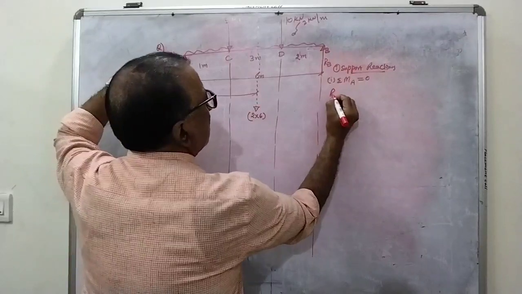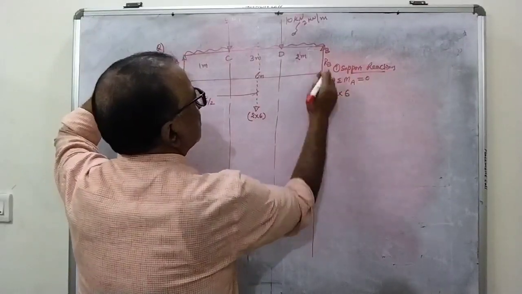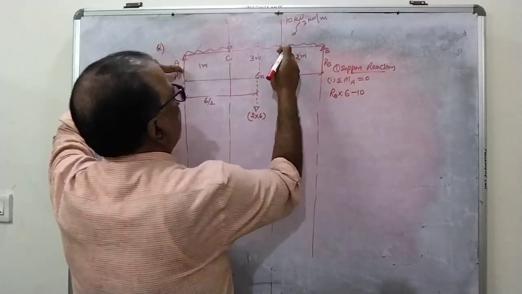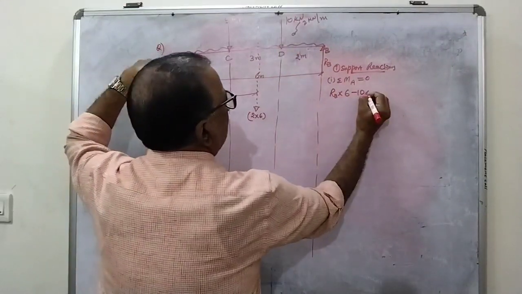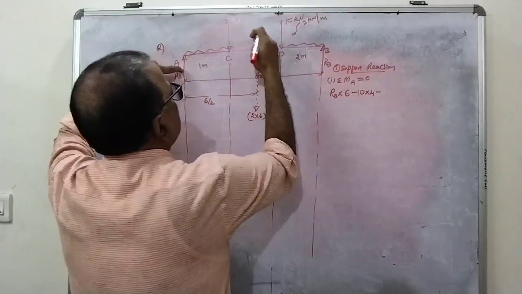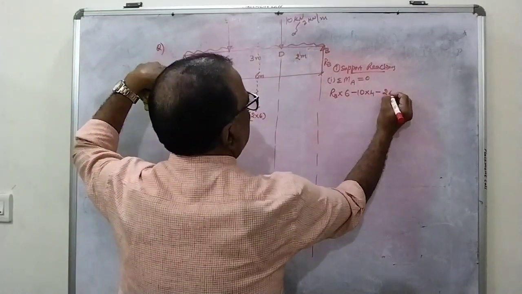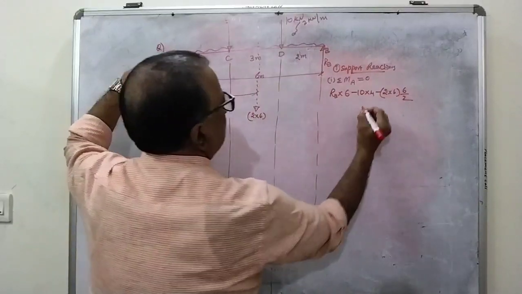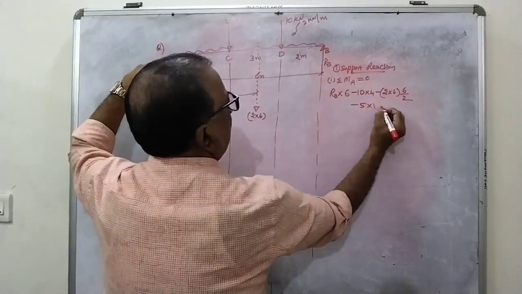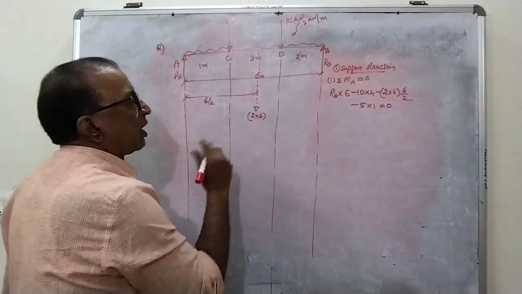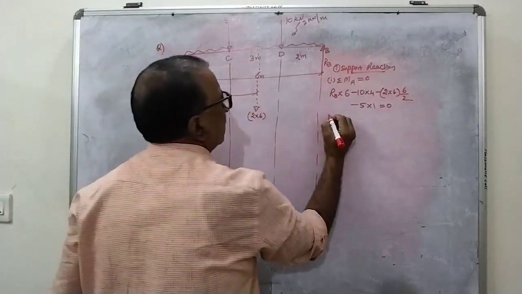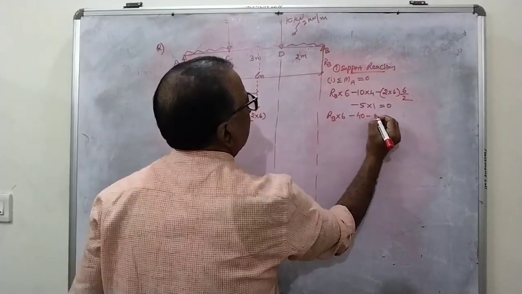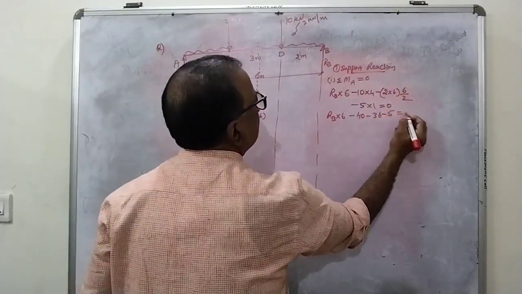RB, first is RB into 6 minus 10 into, what is the distance from 10 to this? 4, minus this UDL 2 into 6 into 6 by 2. Next is minus 5 into 1 is equal to 0. Now it becomes easy for you to calculate the support reactions. RB into 6 minus 40 minus 36 minus 5 is equal to 0.